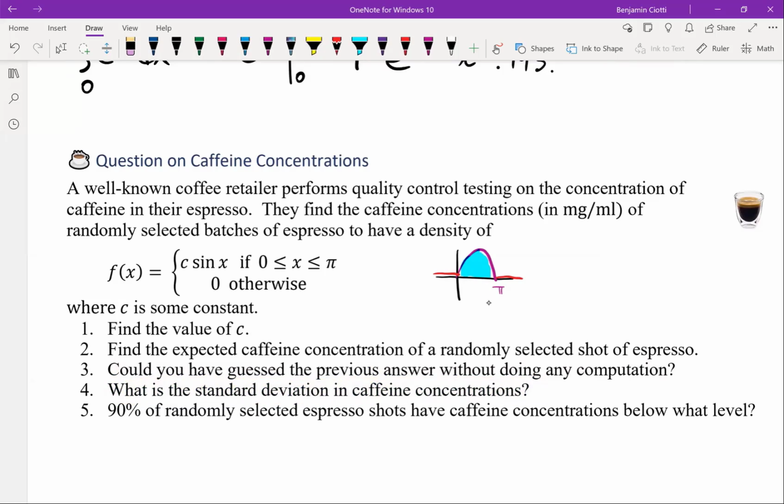So that'll take a little bit of work. You might need to integrate by parts. And finally, let's find what we would call the 90th percentile.